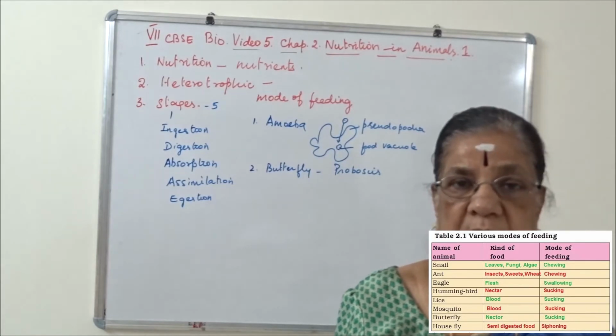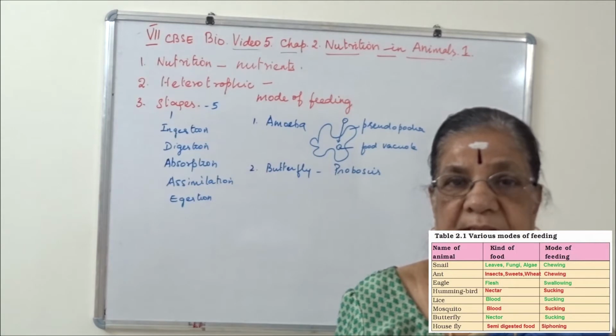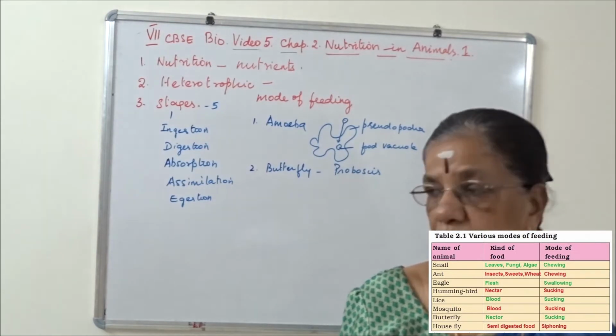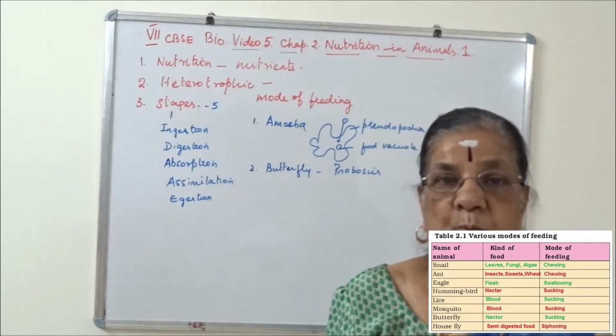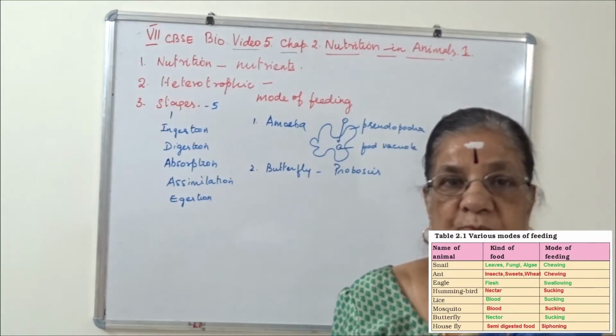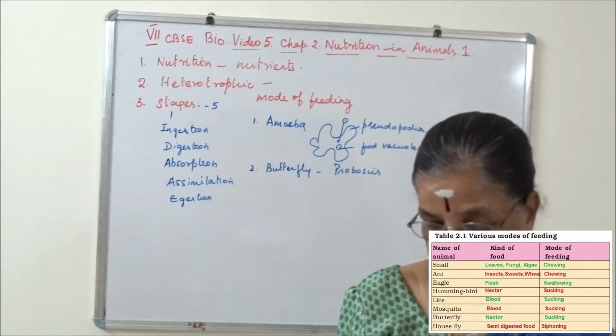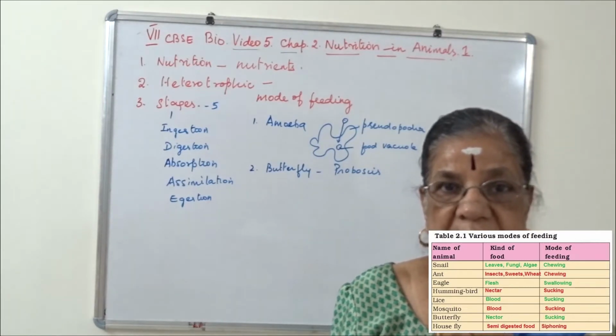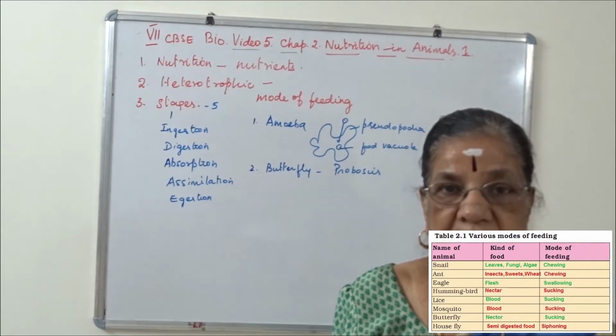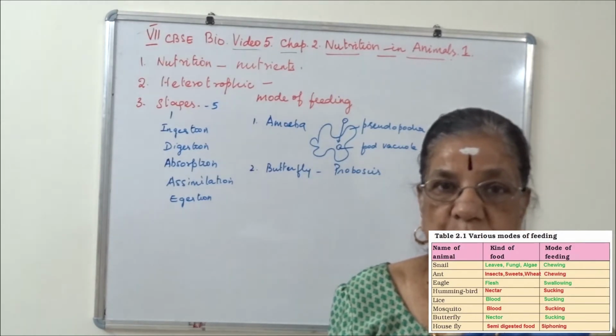What are all? Carbohydrate, protein, fat, vitamins and minerals, roughage and water. They are nutrient requirements. Then, mode of intake of food. Some we will eat with our hand. Amoeba takes food with the help of pseudopodia.